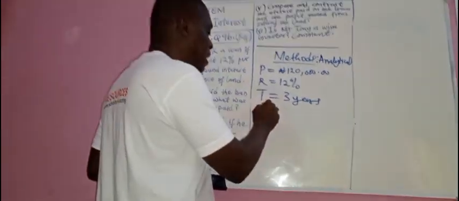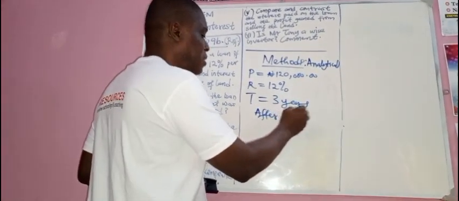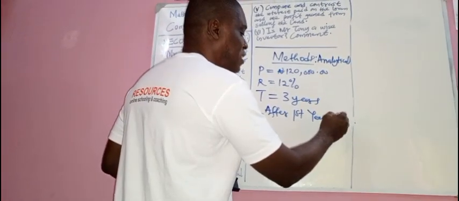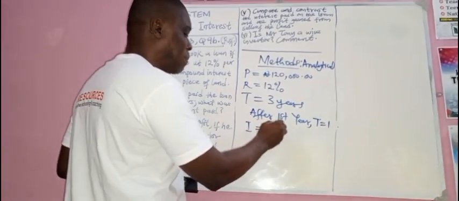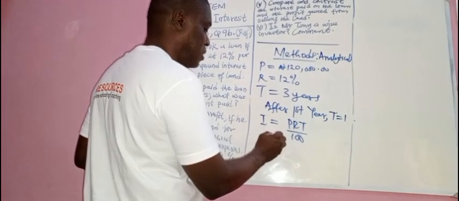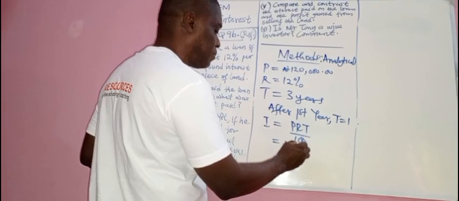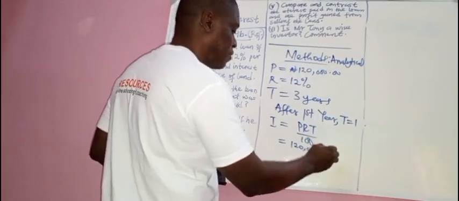So after first year, that means T is equal to 1. The interest, based on this formula, is principal times rate times time over 100. Principal is 120,000. The rate is 12. Time, 1 year.